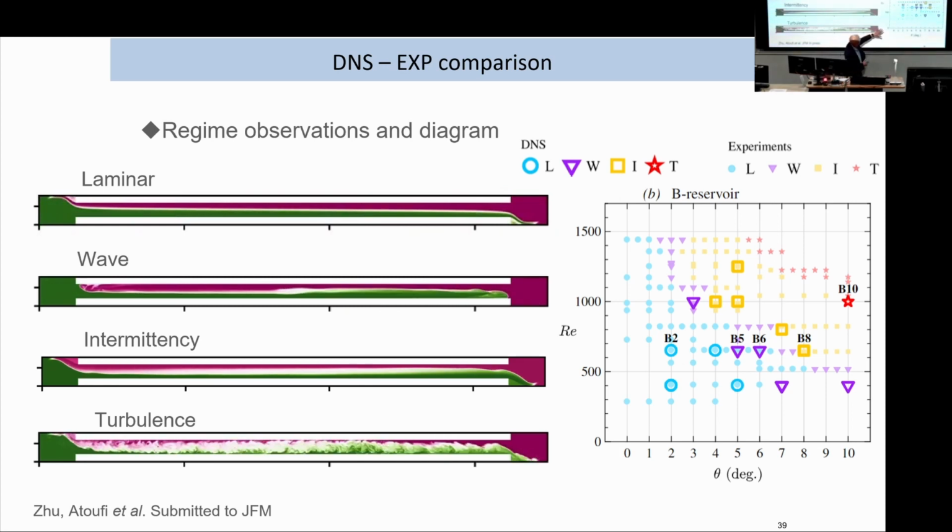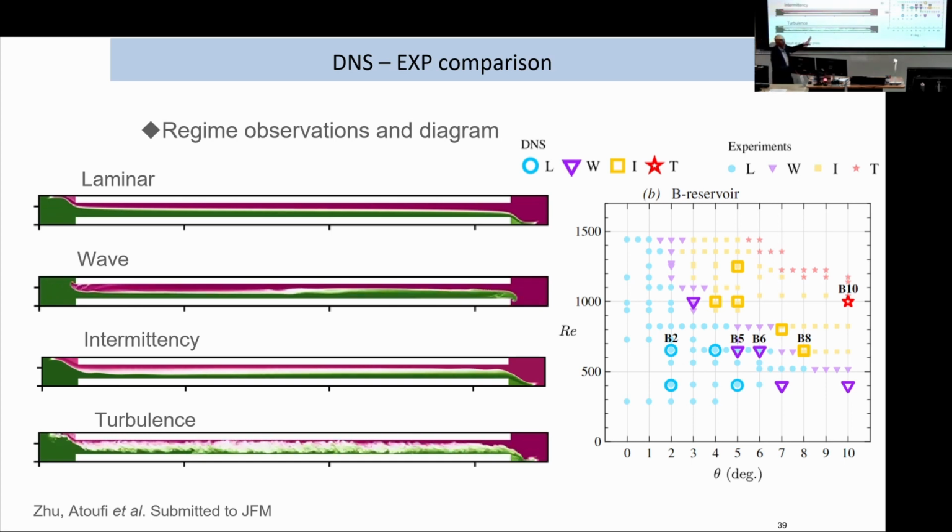So these are experiments done with temperature, so the same molecular properties as the DNS. The big symbols are the computations and the little symbols are experiments, and you can see that the same colors which correspond to the same regimes match. So that's, I think, really fantastic. So we think we're able to simulate what we see in the lab exactly.